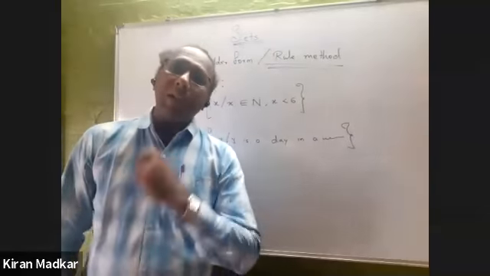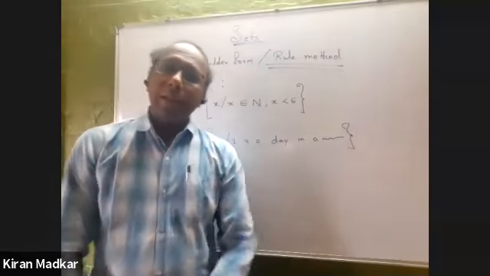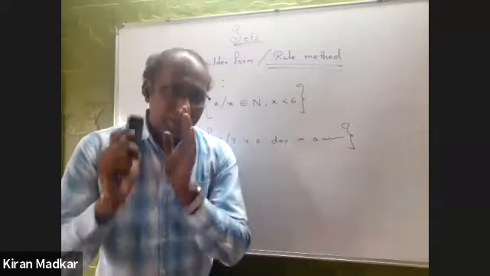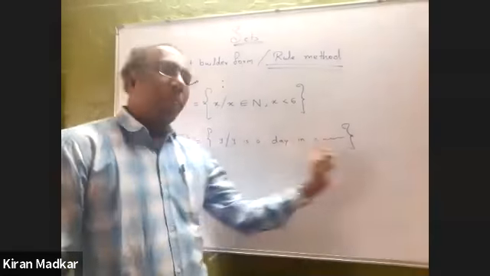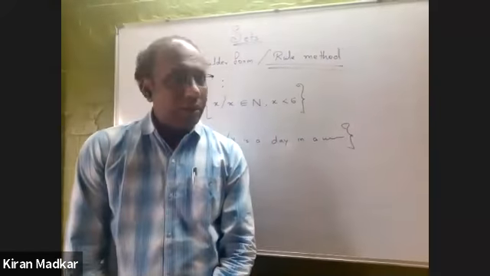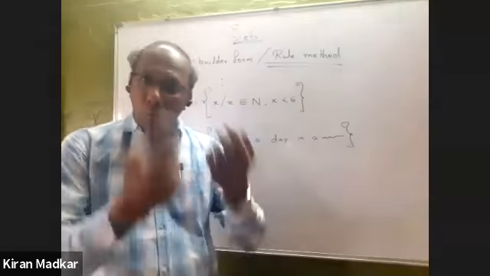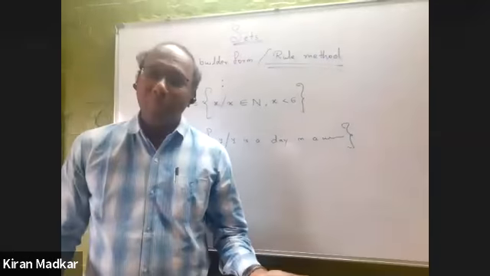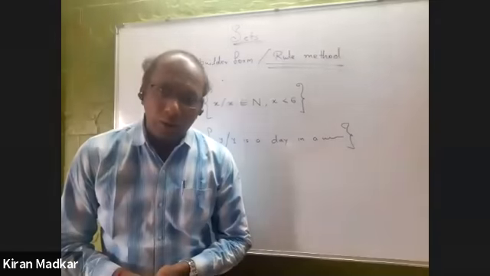Suppose January comes. Sir, can I come in this group? What do you think? What will I ask him? January, are you a day in a week? January will definitely say no. So what do you think? Am I going to include January in my group? At least in this group? Definitely no. Understood what I want to say?